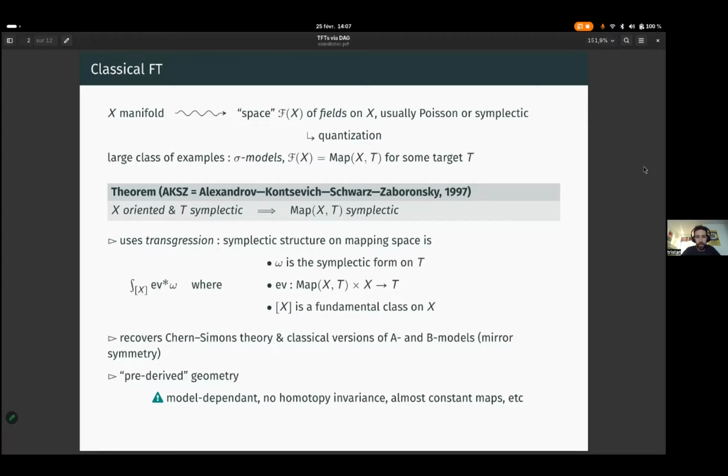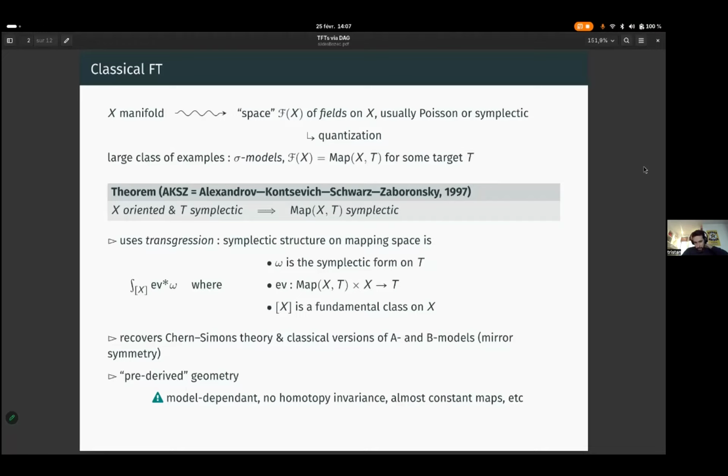We call omega the given symplectic form on T. We have, of course, a natural evaluation map, and we can integrate the pullback of omega against a given fundamental class on X, which amounts to the orientation of X. That's how you get a form on the mapping space, and of course the game is to prove that it's non-degenerate to get a symplectic structure.